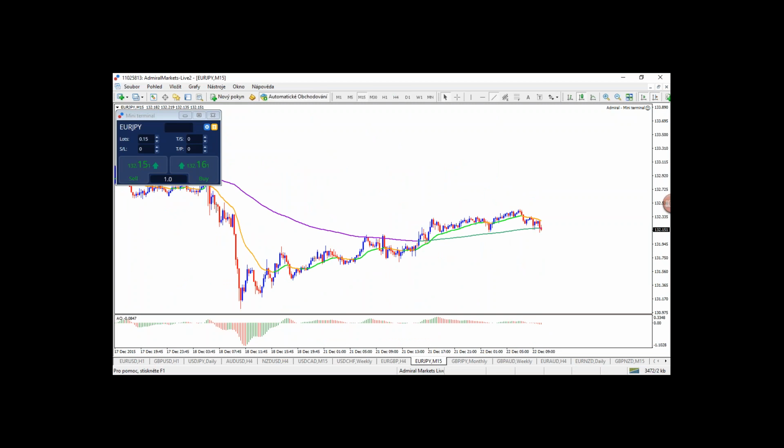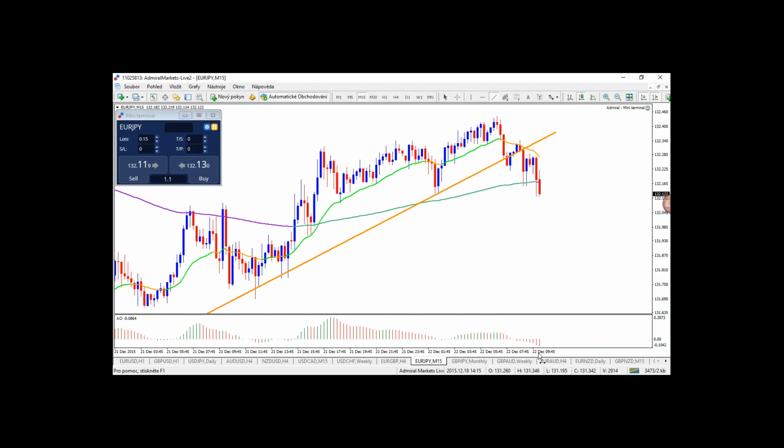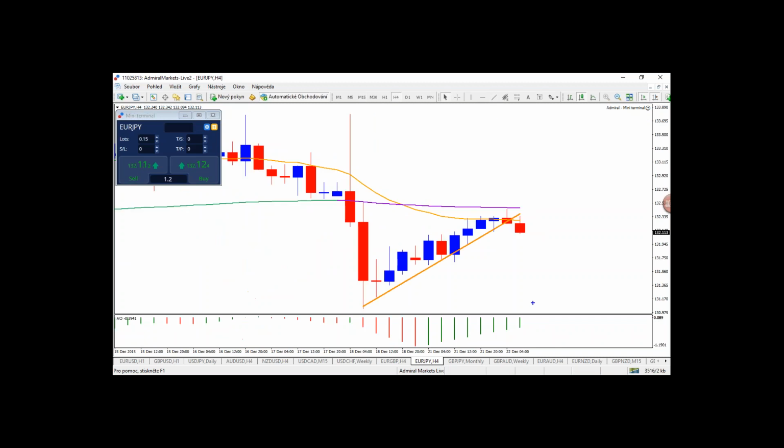Slow crawl up could indicate downside potential here. I think maybe the best way to tackle this one is using the 4-hour chart.